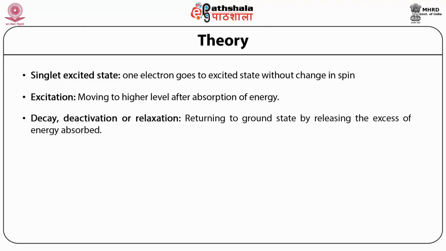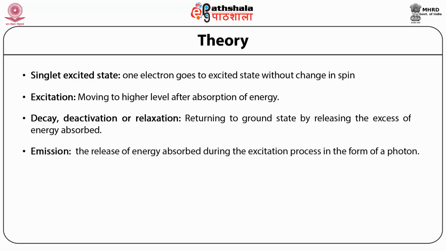Decay, deactivation, or relaxation is the process of returning to ground state by the release of excess energy. It can be by any method: release of energy by collision, by heat, or by emission. Emission is the release of absorbed energy in the form of a photon.